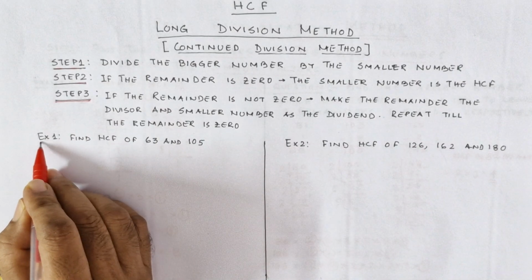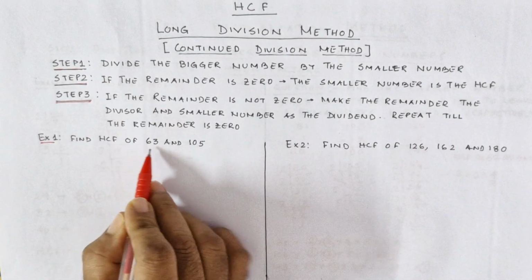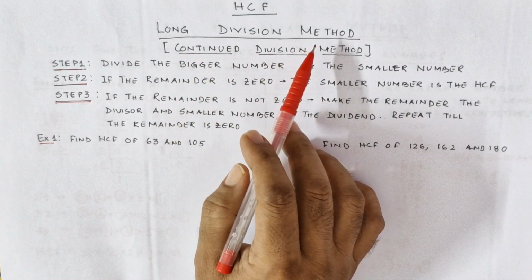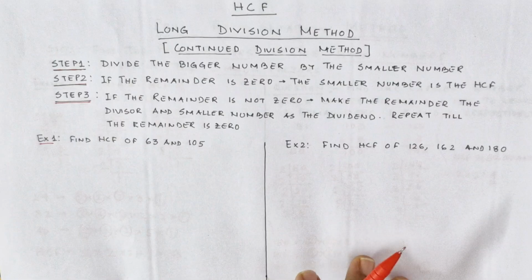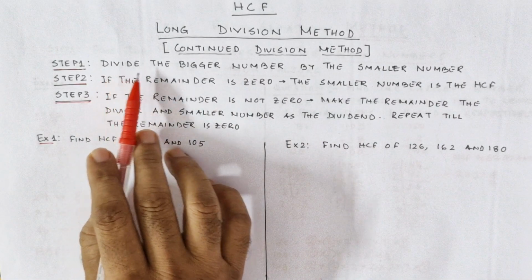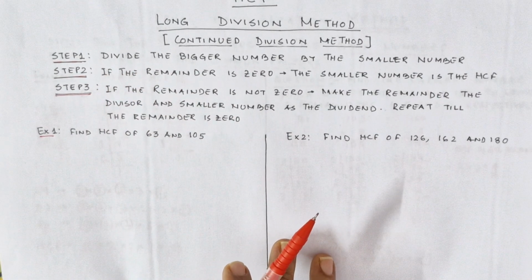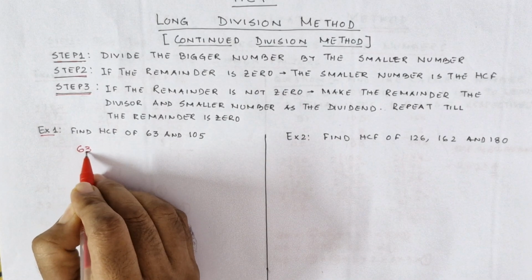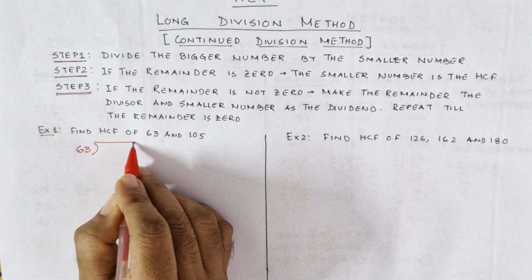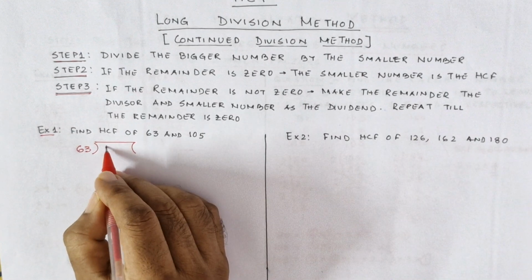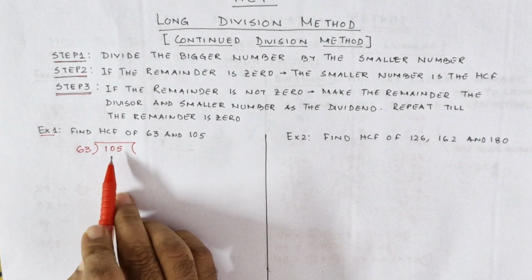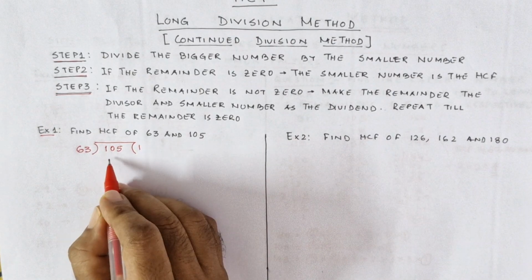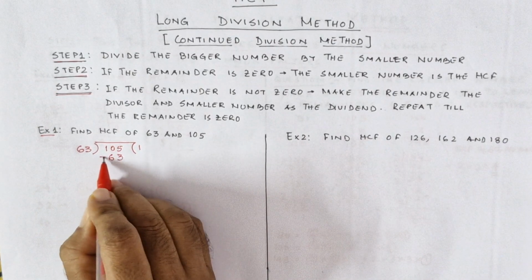Let us take the first example. Find out the HCF of 63 and 105 by the long division method. The first step is to divide the bigger number by the smaller number. So 63 is the divisor and the dividend is 105. We divide 105, the bigger number, by 63.